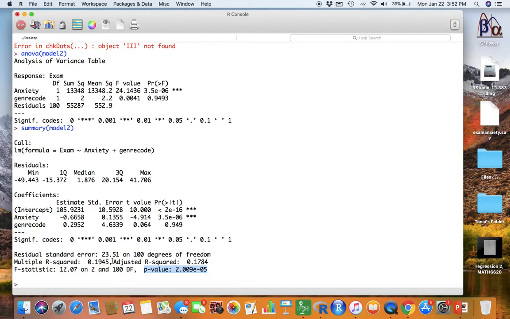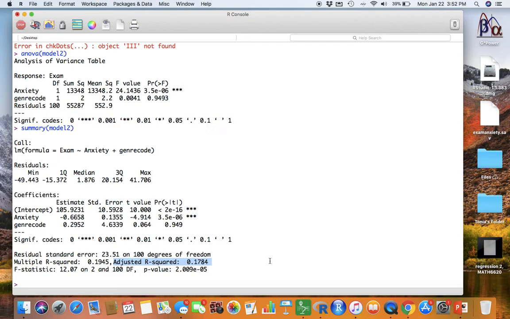Now in this case, we would want to concentrate on the adjusted R squared instead of the multiple R squared, because we have more than one predictor. So we would say, using the adjusted R squared, that 17.8% of the variance in exam is explained by the regression on anxiety and gender.